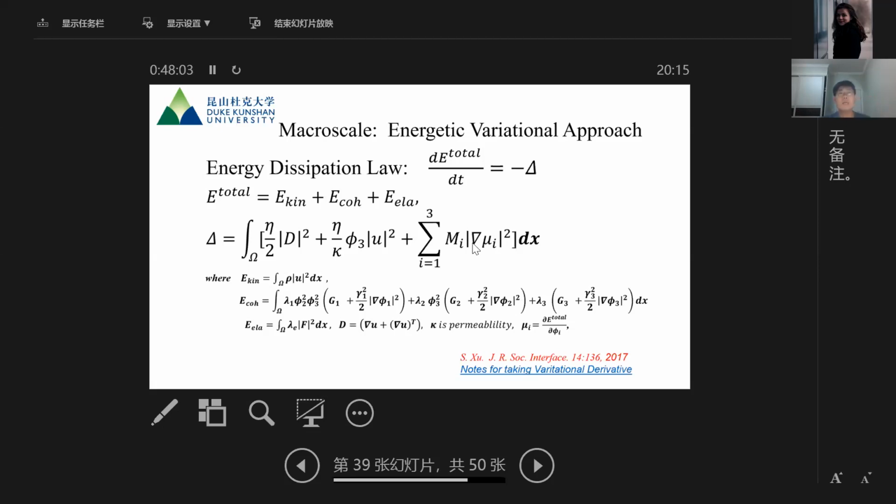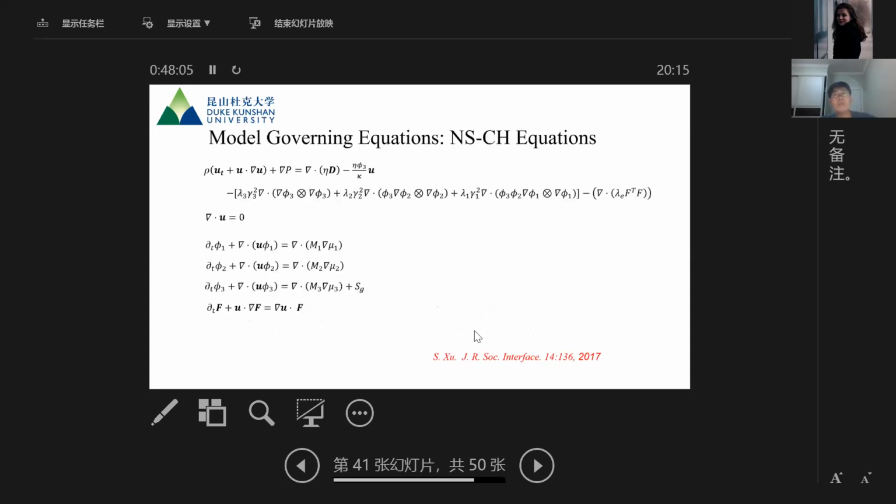Okay, so then I can build my model. It's very complicated, but again, it's the same file. The first one is that I use the Navier-Stokes equation to model the fluid velocity. Then the next set is used to track different components: the red blood cell, sorry, the platelet, the fiber network, and the whole clot.